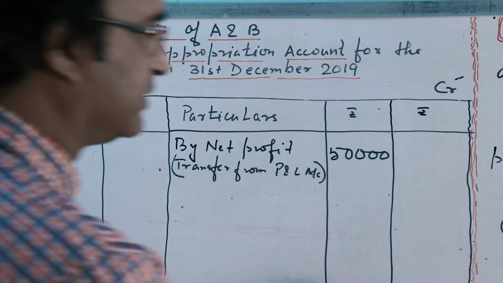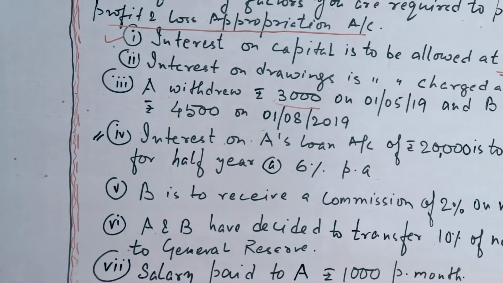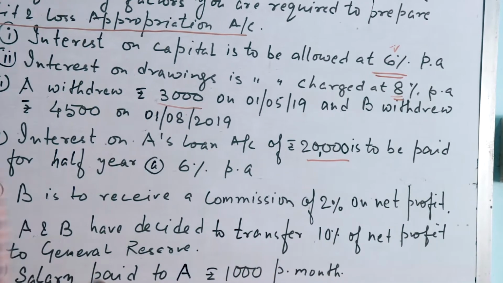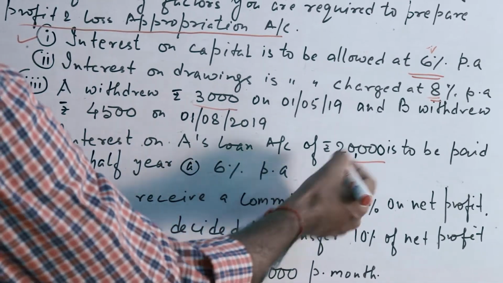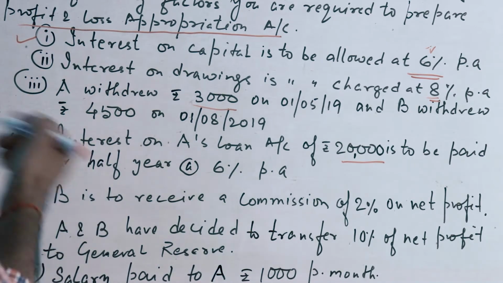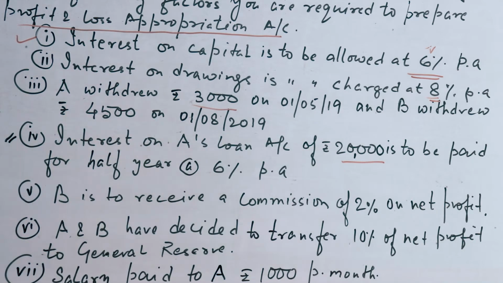But here is a point number 4. Interest on A's loan account of rupees 20,000 is to be paid for half a year at the rate of 6% per annum. In my previous video, I told interest on partner's loan is a charge against profit.